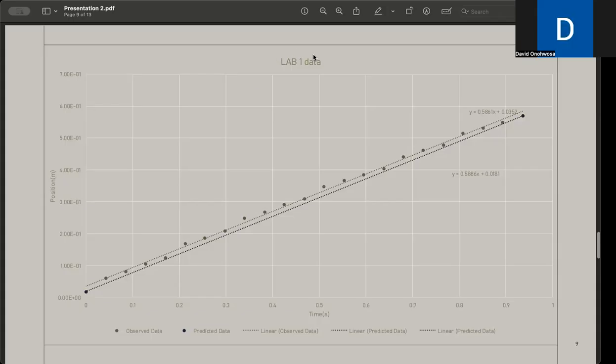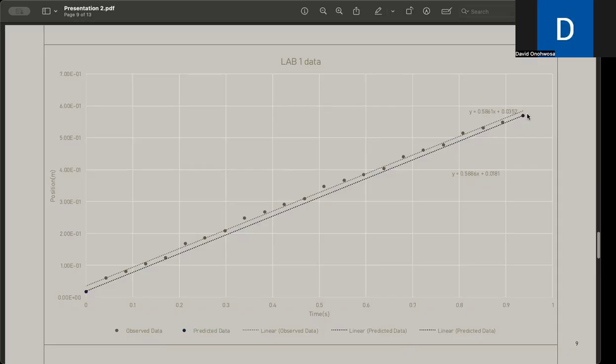Okay, so here are the two graphs overlaid. As you can see, they look pretty similar, which is good. It means that our experimental data had an almost constant velocity, and the velocities are almost exactly the same.